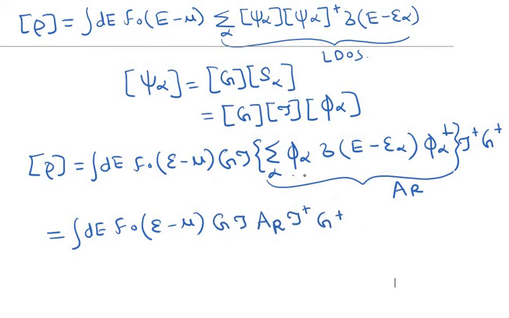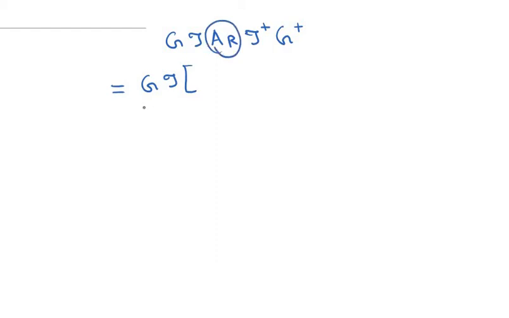Now we can actually further simplify this term over here. So let's see what this term is. So G tau AR tau dagger G dagger. Now this is basically equal to G tau, and then this AR, the spectral function of the reservoir.